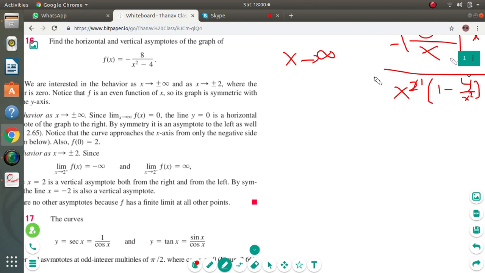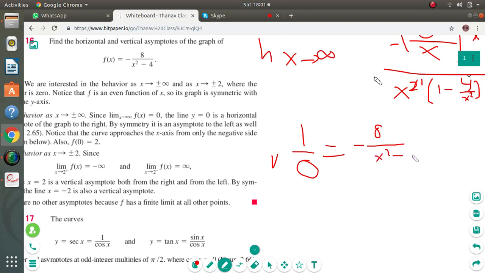So this is 8 by infinity is 0, 0 divided by infinity, and 0 only. So draw the graph now. So the horizontal limit is 0. For the vertical limit you said 1 divided by 0 is equal to minus 8 by x square minus 4.